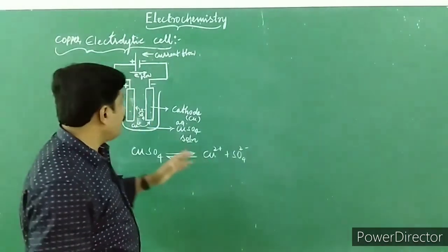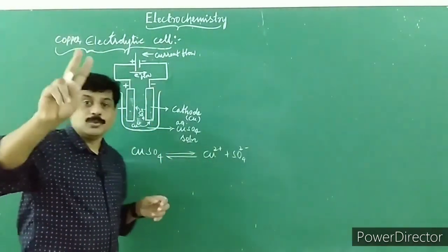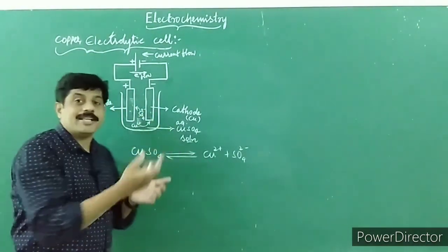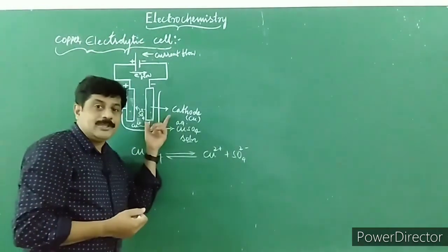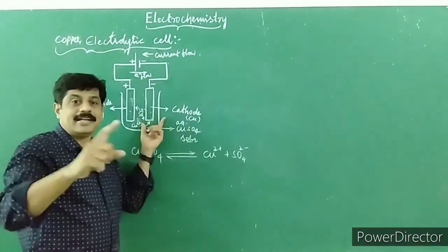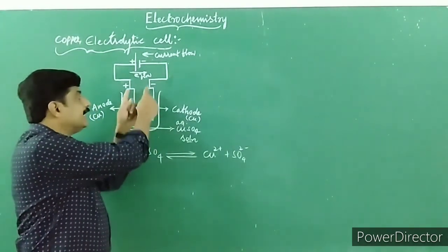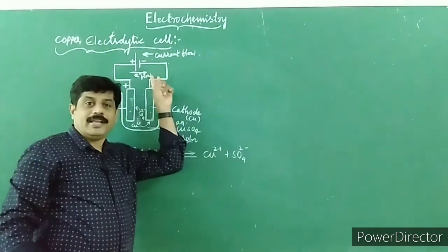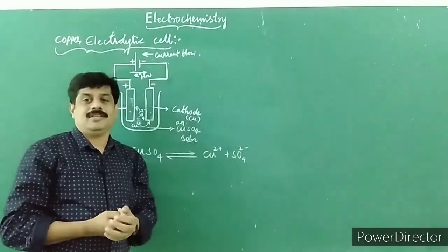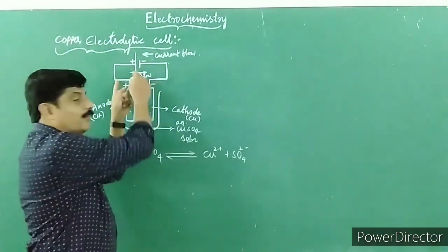Children, now I am going to insert two copper strips, which are called electrodes, into the electrolytic tank containing copper sulfate solution. Now I connect these two electrodes to an external battery with the help of metallic wires.